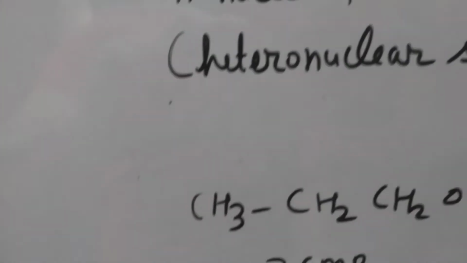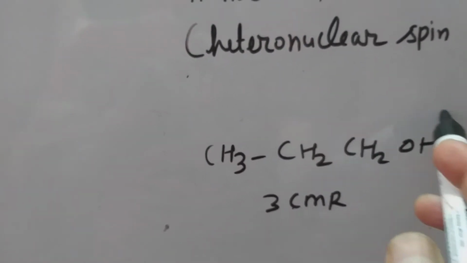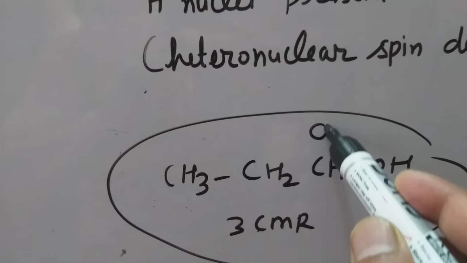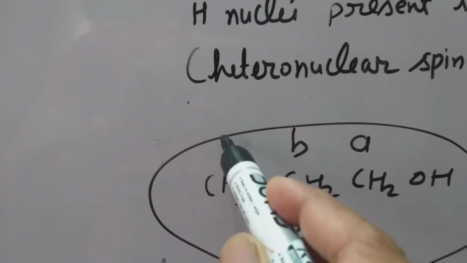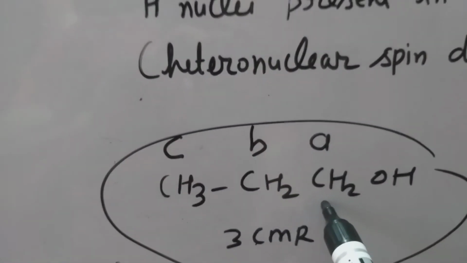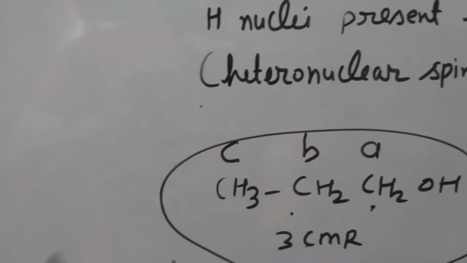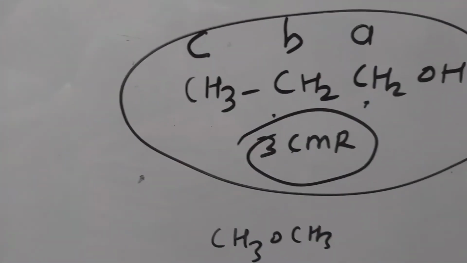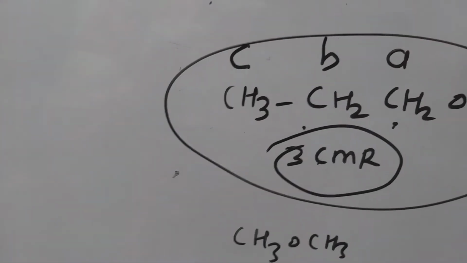Here we can take a simple example. In this molecule there are three sets of equivalent carbon: A, B, C. It means we expect 3 CMR signals from this compound.